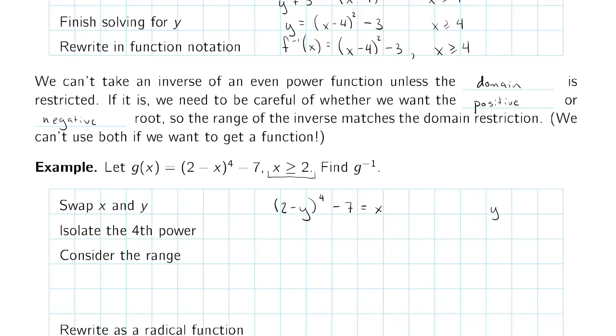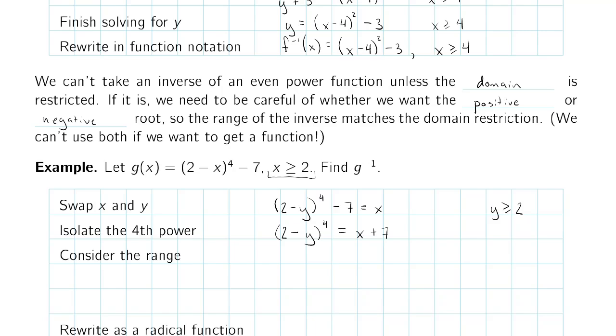And we'll also have the restriction y is greater than or equal to 2, because we swapped x and y. Now we isolate the 4th power. We'll have 2 minus y all to the 4th, add 7 to both sides. That'll equal x plus 7.